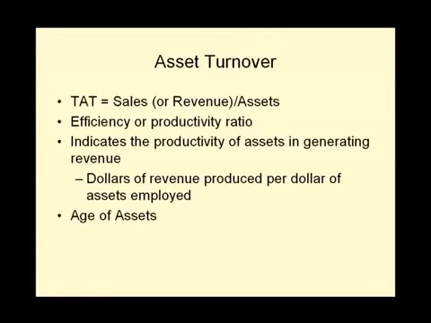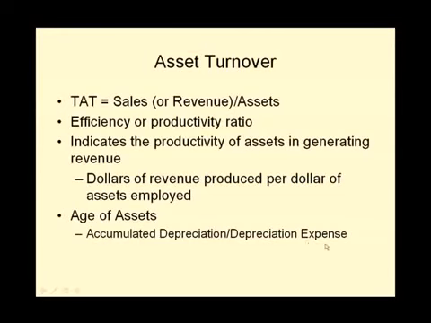An important complementary ratio to total asset turnover is age of assets, which is calculated by taking accumulated depreciation from the balance sheet and dividing by depreciation expense on the income statement.